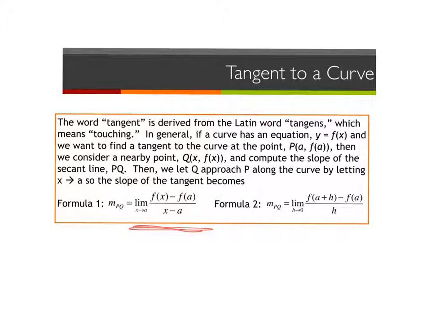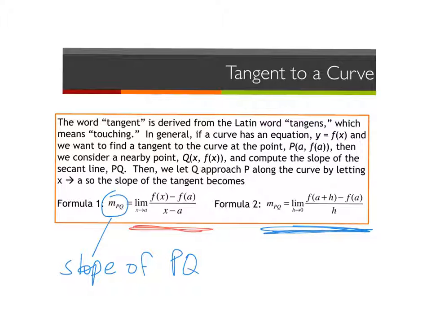That's where we're saying x and a are getting closer together. The second one is, I think, a more important formula. And just to be clear, m of PQ means the slope of PQ, the slope of that secant line.